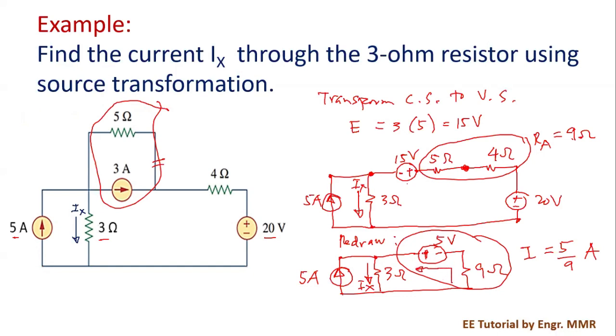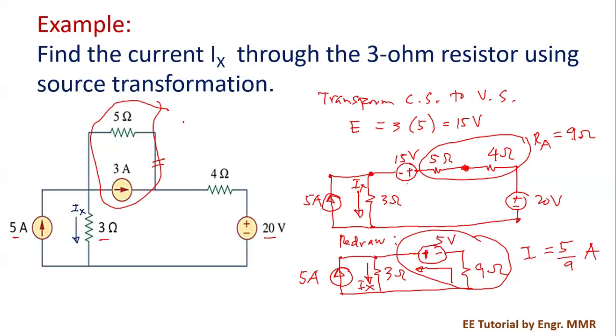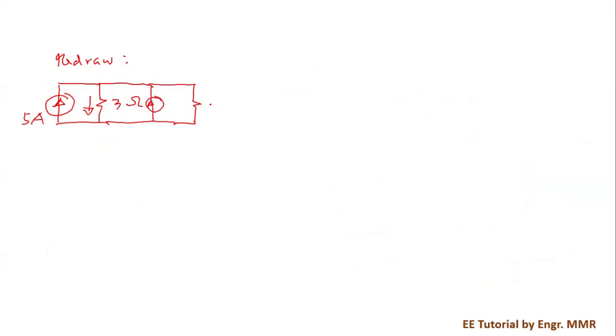Okay, the current always comes out from the positive side. So if we convert this voltage into a current source, the current will be going upward in parallel with the 9 ohm resistor. And this is 5 over 9 amperes.